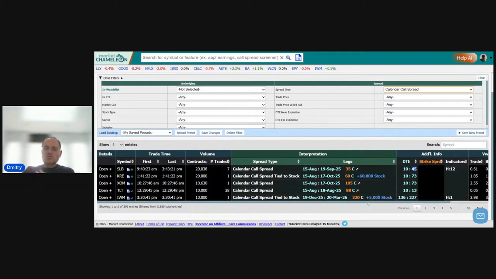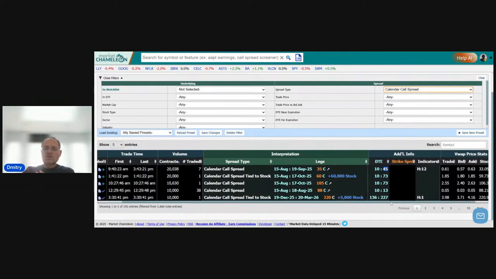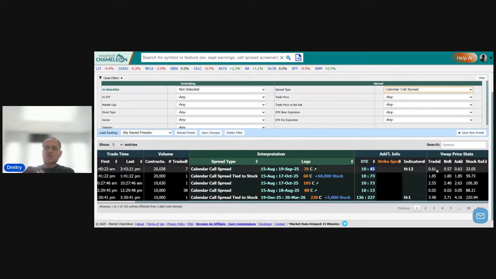And if we scroll over here, we get these other details: it traded for a VWAP price of 61 cents. We say VWAP price because it did trade 7 times. The bid and ask at the time was 57 cents, 63 cents.